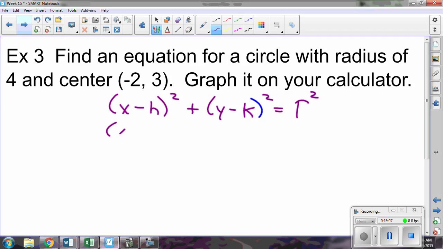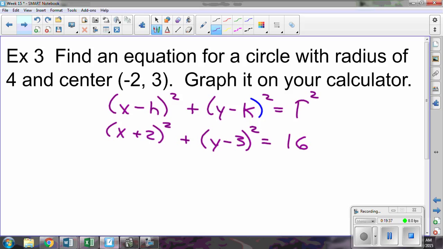Well, the x-coordinate is -2, so we have x plus 2 squared. Y-coordinate is 3, so we have y minus 3. Radius is 4. 4 squared gives us 16. And so here we have the equation, or an equation for the circle, in standard form.